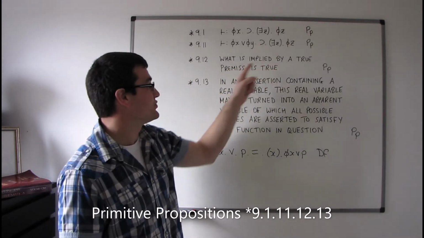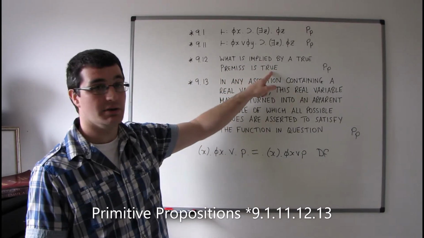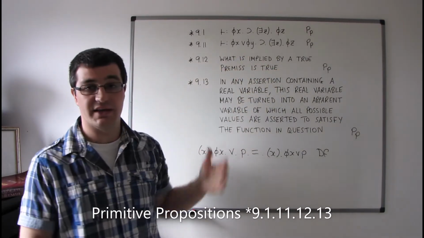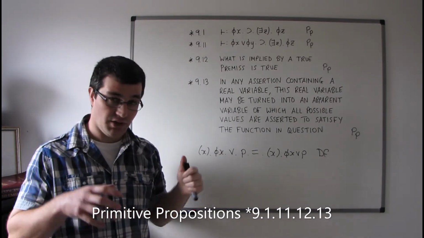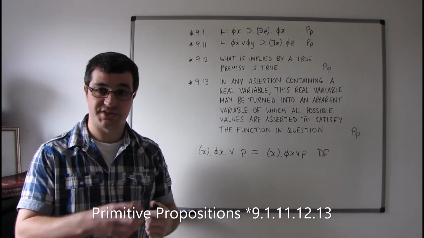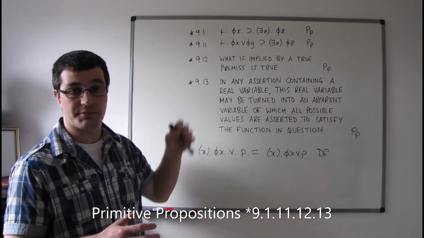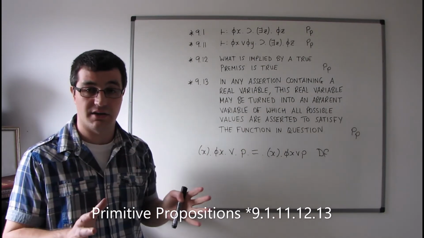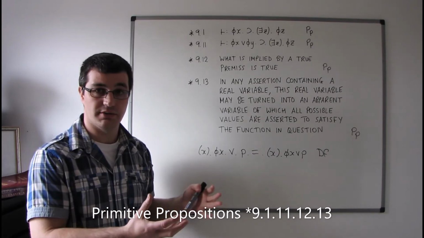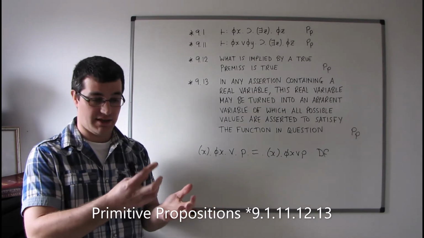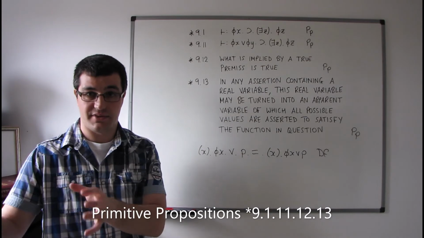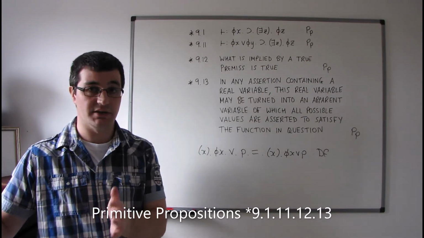What is implied by a true premise is true. So it doesn't put any restriction on the nature of the true premise. It doesn't say that it has to be an elementary proposition. It could be a first order proposition, it could be anything that can be true in our system, and if it implies something, then that thing that it implies must also be true.